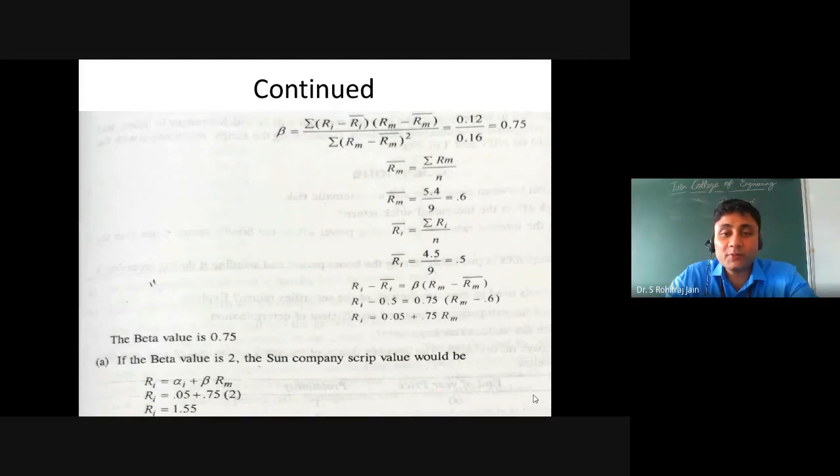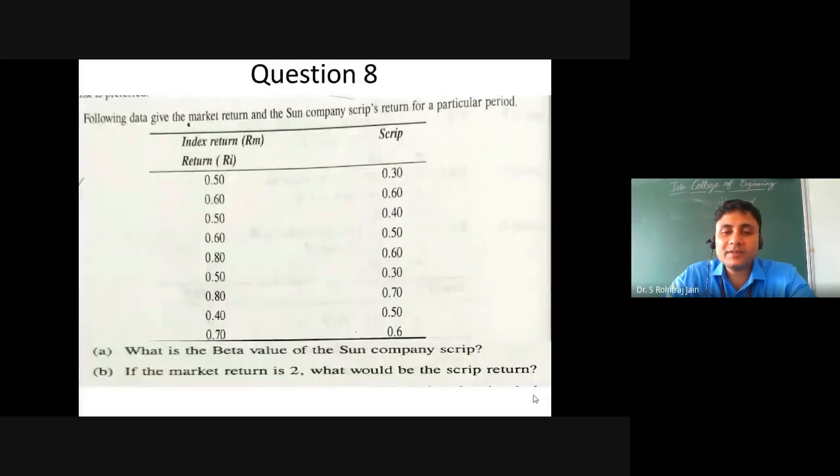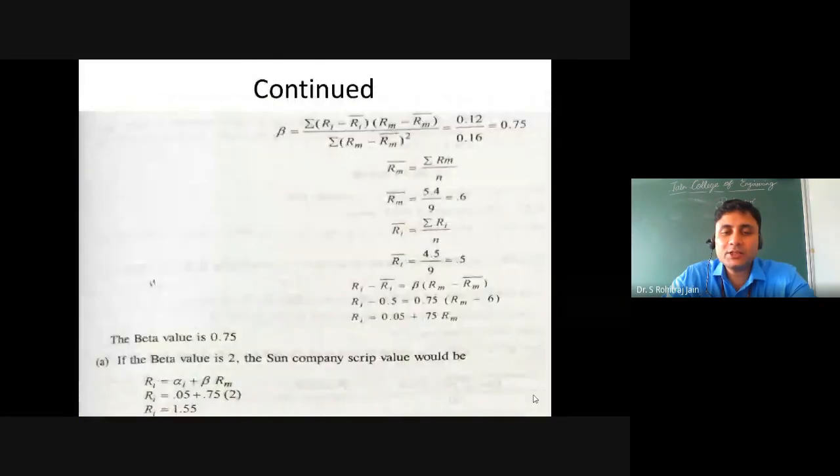Alpha is 0.05. So 0.05 plus the beta value we have solved, that is 0.75. In the question they have given, B part, if the market return is 2, what would be the scrip return? So Rm value is 2. So I get Ri is equal to 1.55.